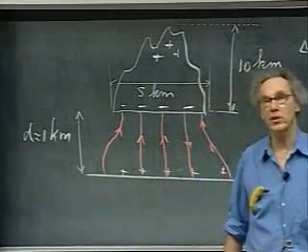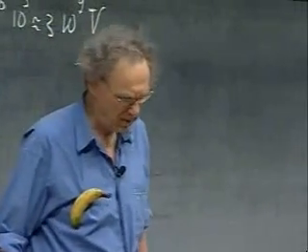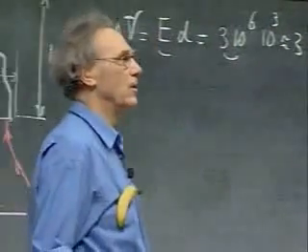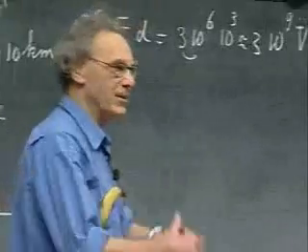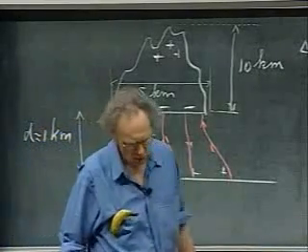The current is now enormously high, 10,000 to some 100,000 amperes, and you heat the air, you get a tremendous amount of light, the ions recombine, and you get pressure, heat produces pressure, and there comes your thunder.